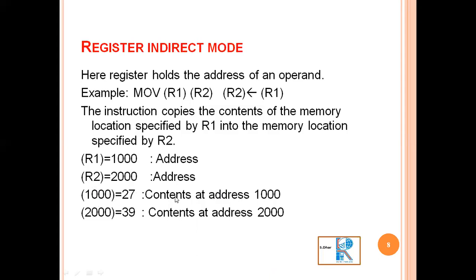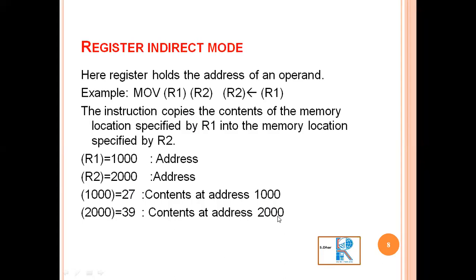Clear? So at address 1000 it contains 27, and address 2000 contains the data 39. After doing this instruction, move R1 R2, this 27 will move to address 2000.